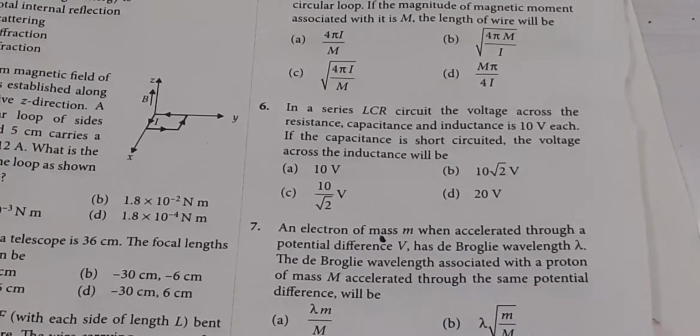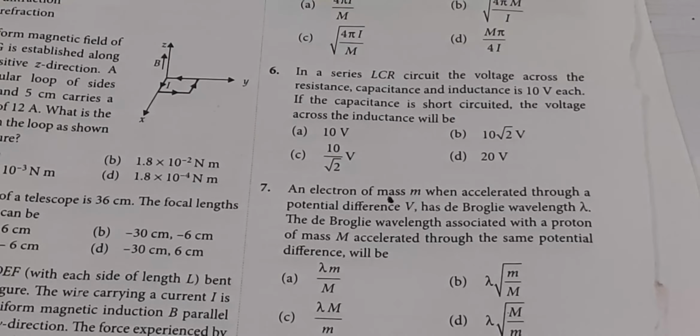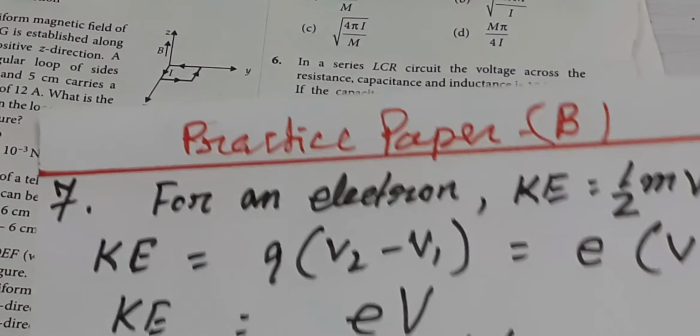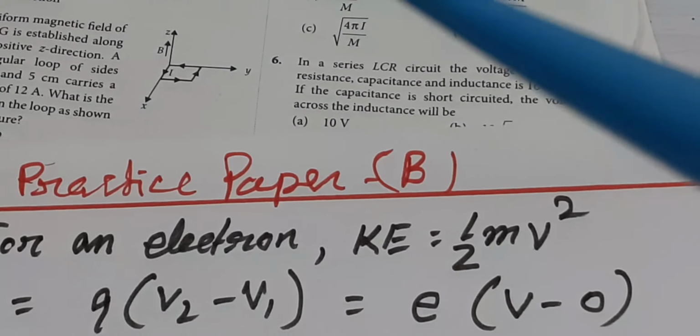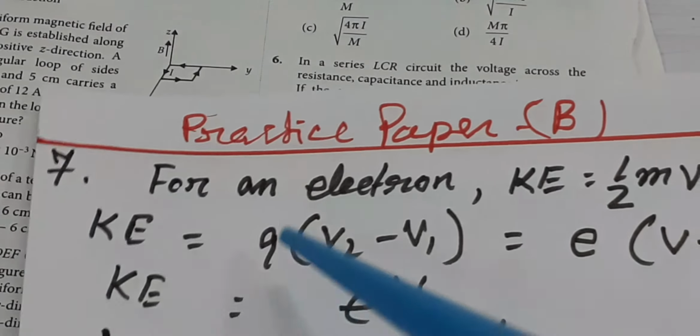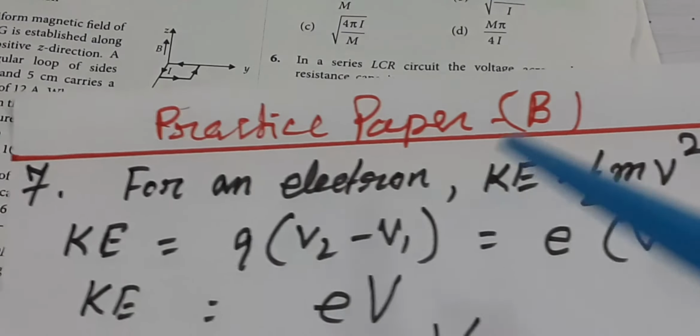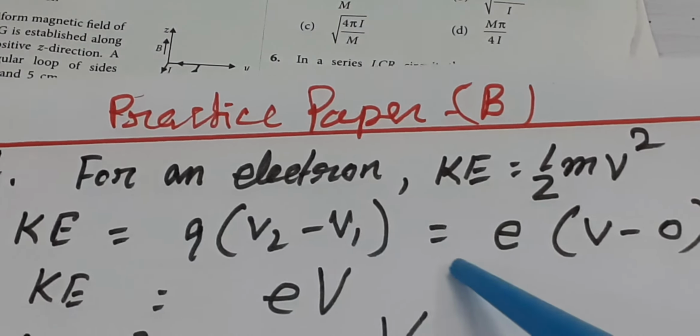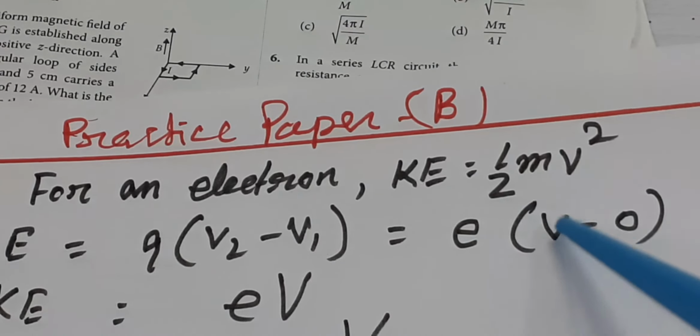Now we can write here that kinetic energy, we know the expression half mv square, will be the charge into potential drop. The potential drop is given here. Charge of the electron is small e, into capital V, the potential drop.